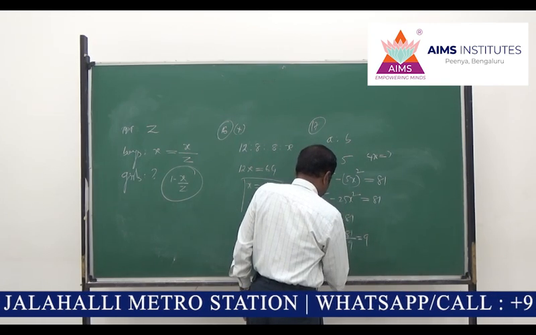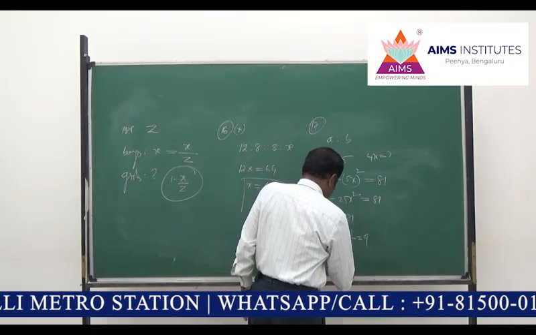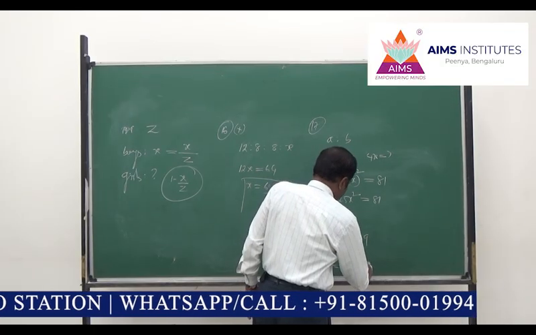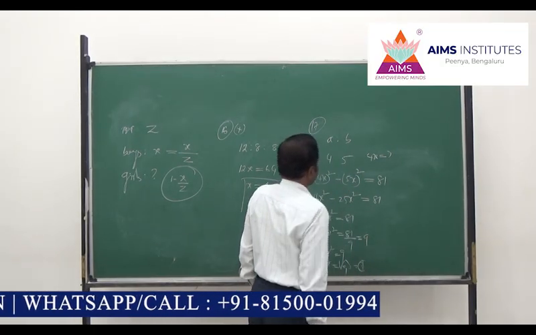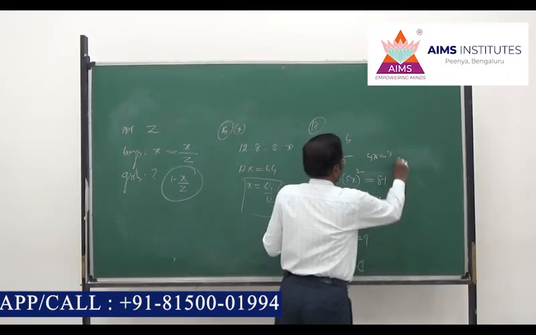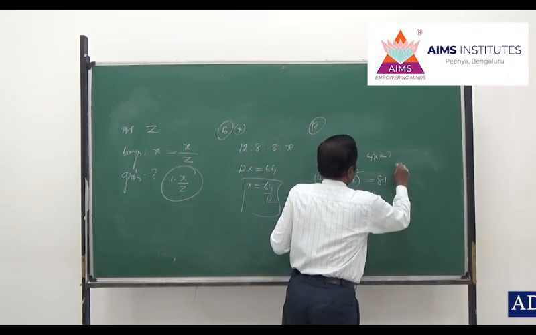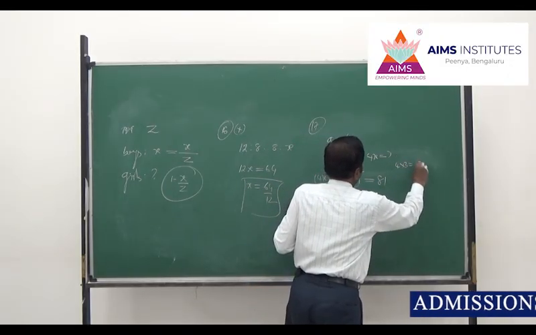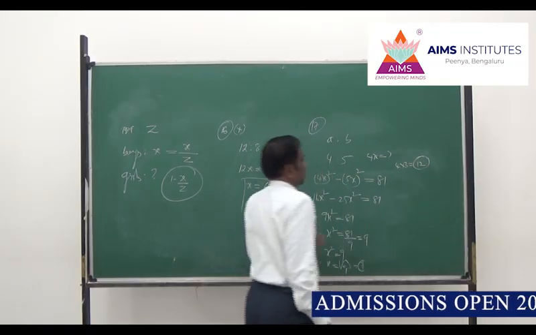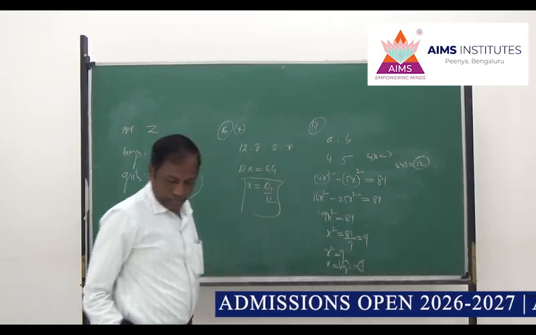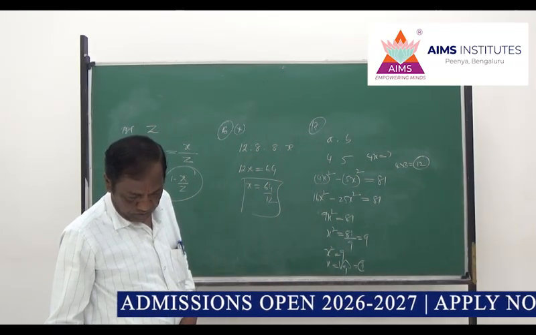It means x equals root 9, which is 3. What is 4x then? 4 into 3 is 12. Option B.